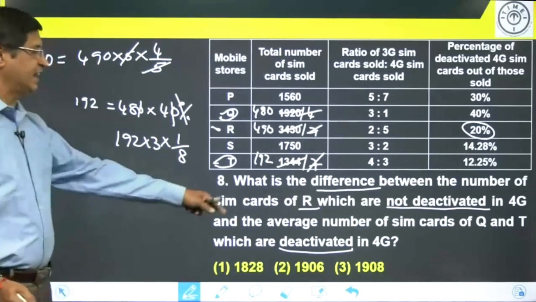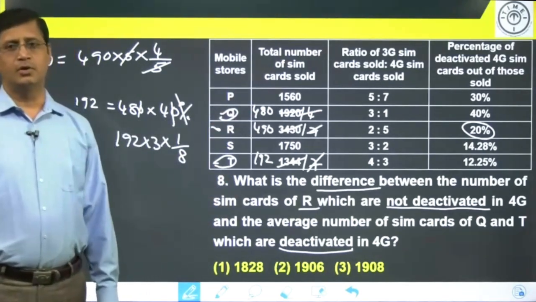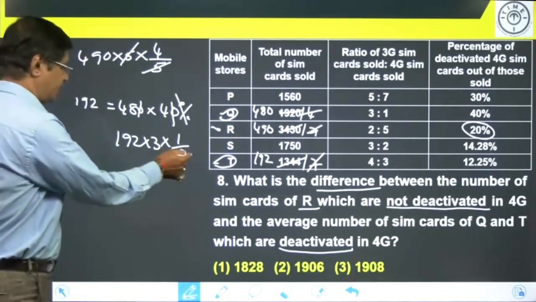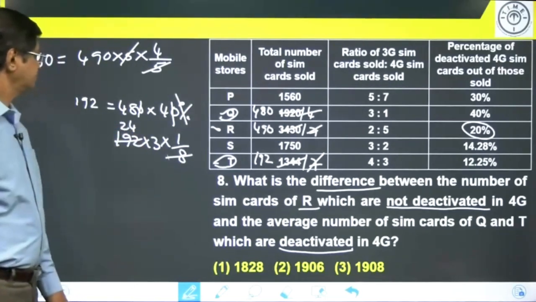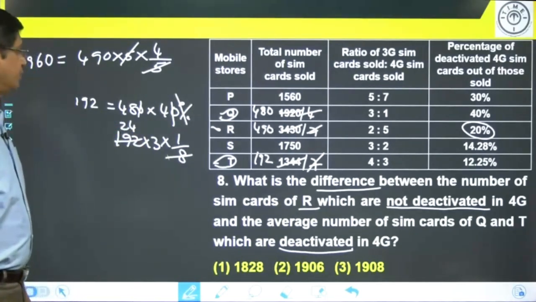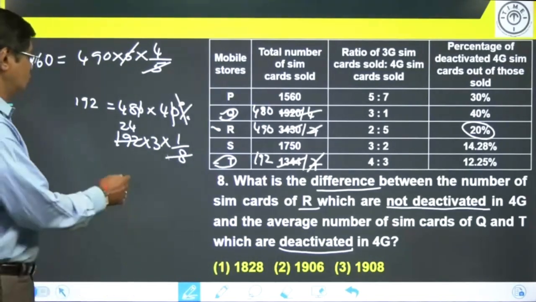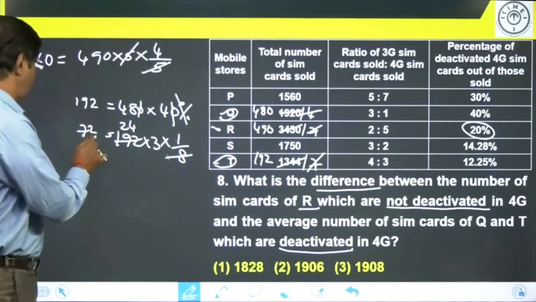How many are deactivated? 12.25, which is close to 12.5. The 12.5% is equal to 1 by 8. Now simplify: it cancels exactly 24 times. So 3 into 24, the result is 72.